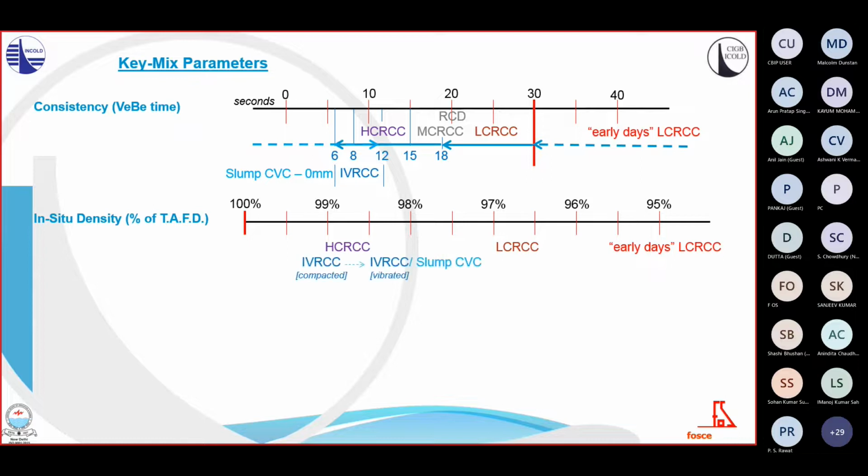Regarding immersion vibrated RCC, note its better density when roller compacted, in average higher than 99% of the theoretical air-free density, and slightly lower for exactly the same mix when vibrated by immersion. As it happens, this value around 98% is the typical one achieved in average with immersion vibration of well-designed conventional stiff mass concrete mixes, and a similar value is measured when vibrating IVRCC rather than roller compacting it.